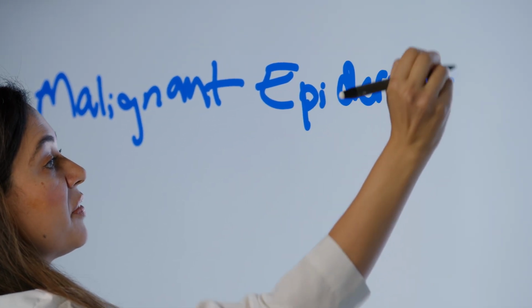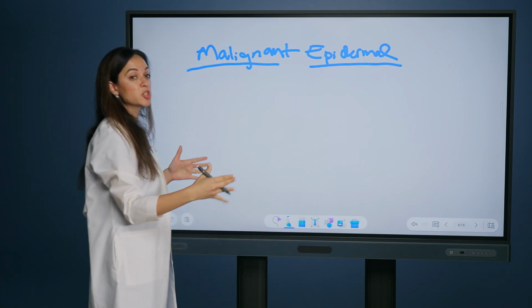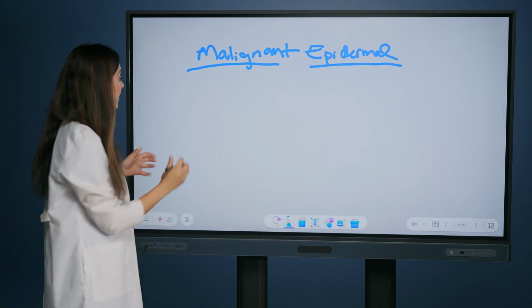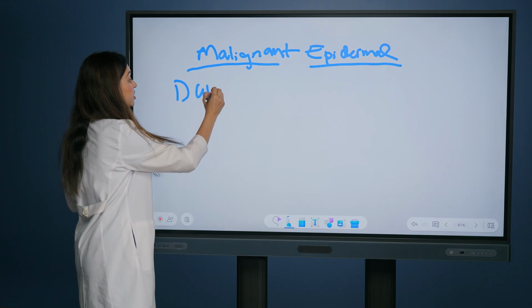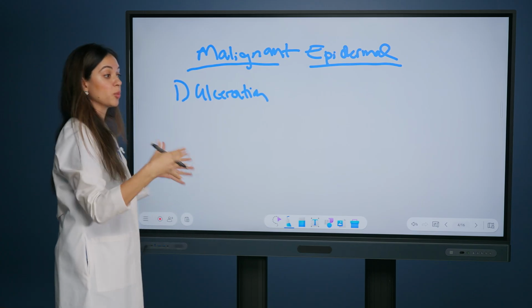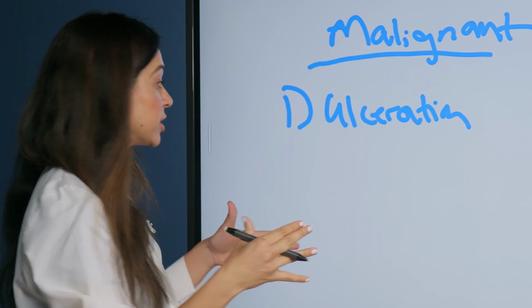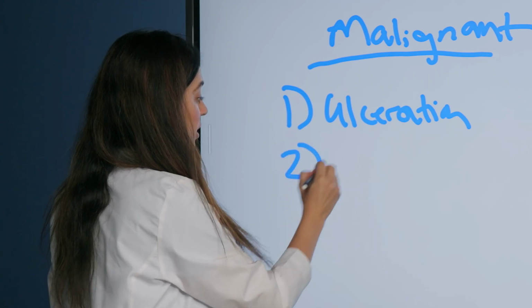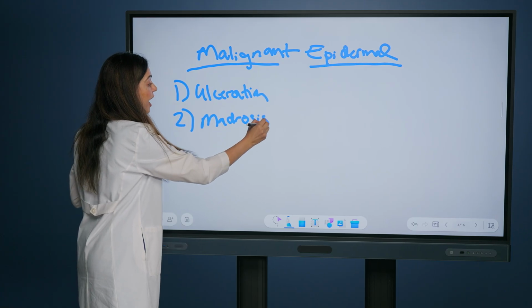So, what are the features that you want to be thinking about when you're examining your patient and looking at these growths? What things are going to trigger you that this could be a skin cancer? Well, number one, if it's ulcerated. Skin cancers, we know, outgrow the normal pace of the surrounding skin, and so you often will see an ulceration or central divot. Number two, madarosis, or loss of eyelashes.